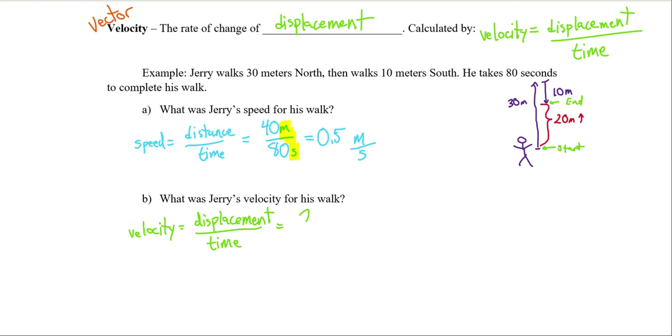So our displacement is 20 meters over our total amount of time, our 80 seconds. And if you put that into your calculator, that'd be 1/4 or 0.25 meters per second. Now our answer isn't done until we include the direction because velocity is a vector. So it is 0.25 meters per second, in total, ended up moving north.